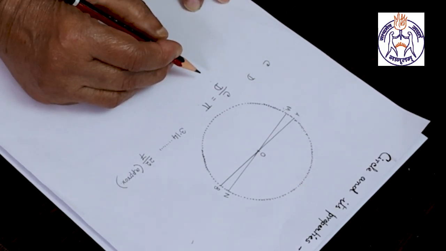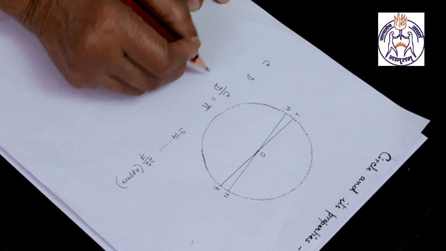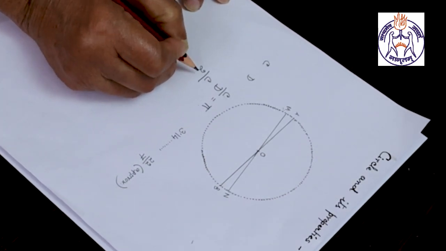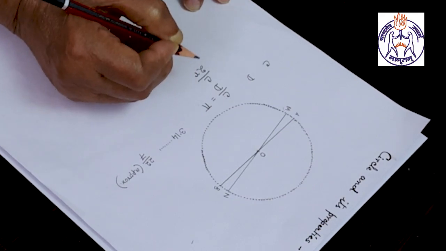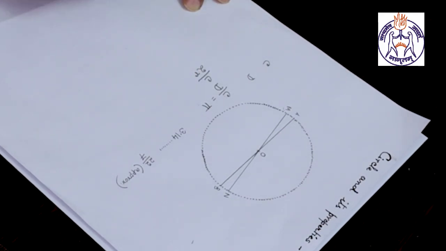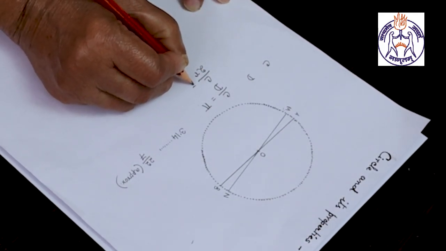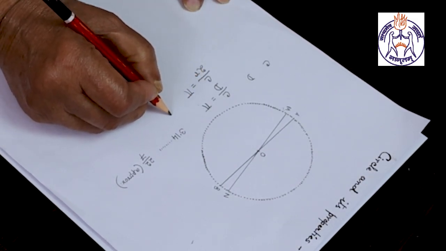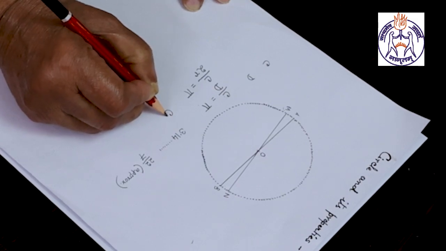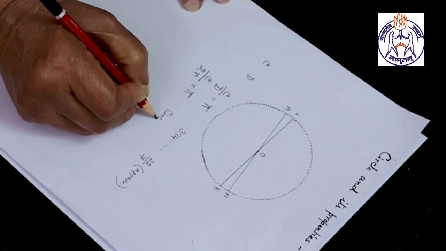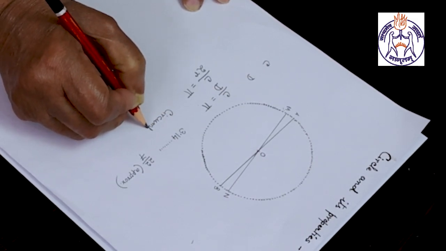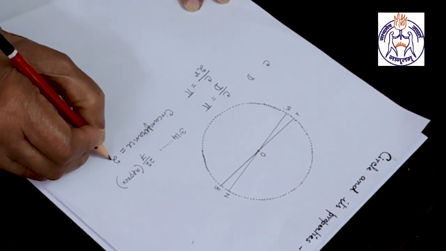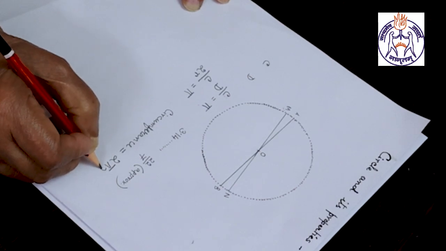Because diameter is the sum of two radii, we can replace D by 2R. So C by 2R is equal to pi. So circumference, C, for any circle is equal to 2 pi r.